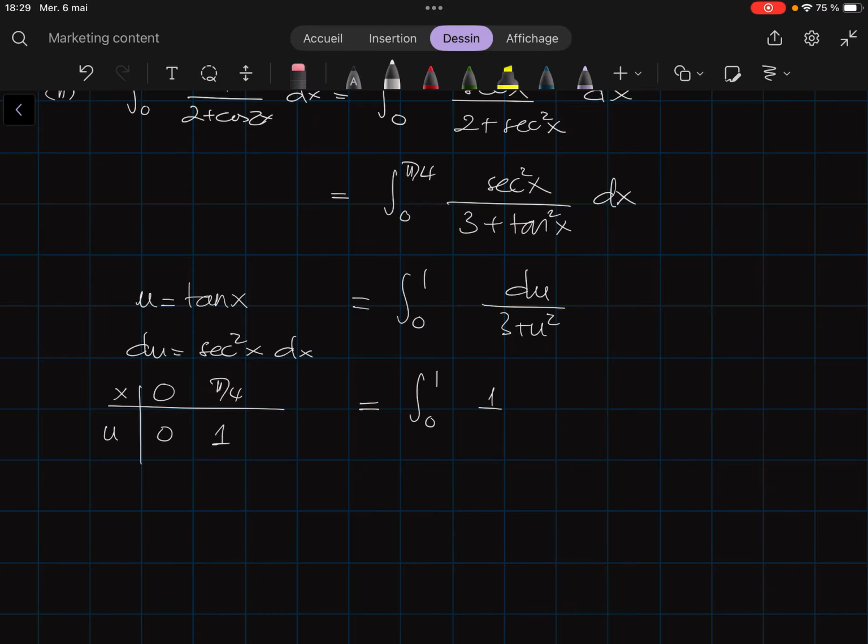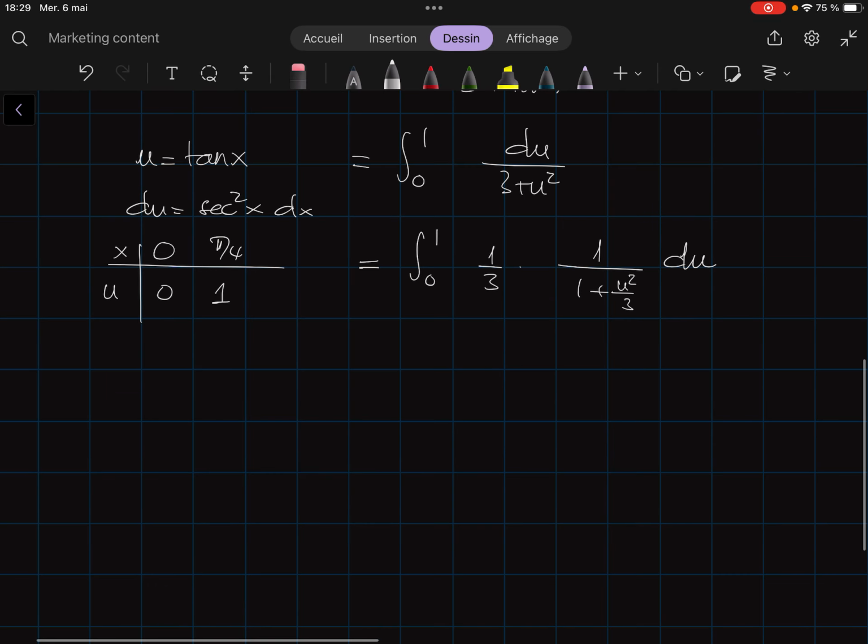I'm going to factor the 3 out. So inside you have 1 plus u squared divided by 3. Now we can use another substitution maybe. So if a is u divided by root 3, dA is 1 over root 3 du.